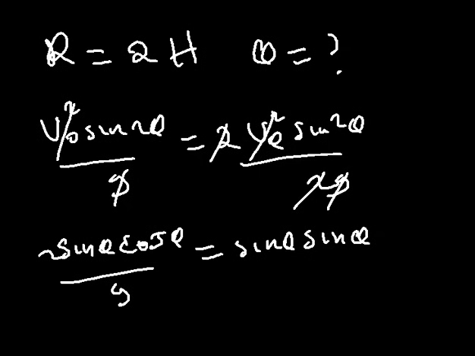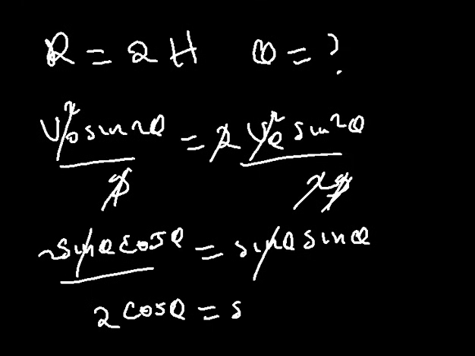So sin theta also cancels, and even the g's cancel. We don't need to have g here. So for that case, we can have 2 cos theta equal to sin theta, which gives tan theta there.